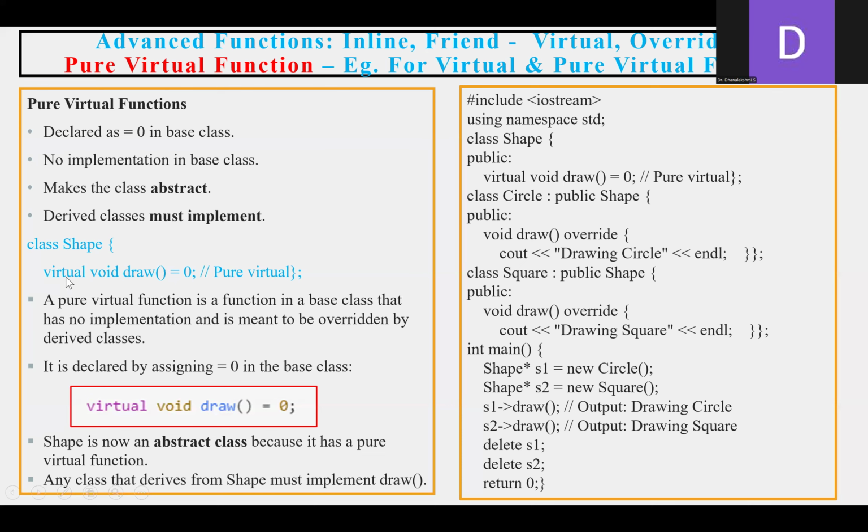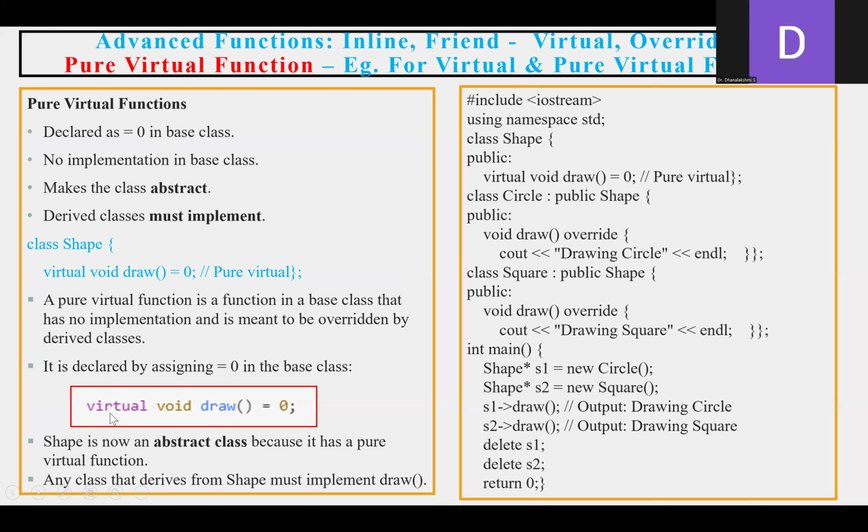Okay, let's take a code snippet here. Class shape, and we have given a virtual void draw, and let's make it a pure virtual function. A pure virtual function is a function in a base class that has no implementation and is meant to be overridden by the derived class. As I told you, it is declared by assigning equal to 0 in the base class.